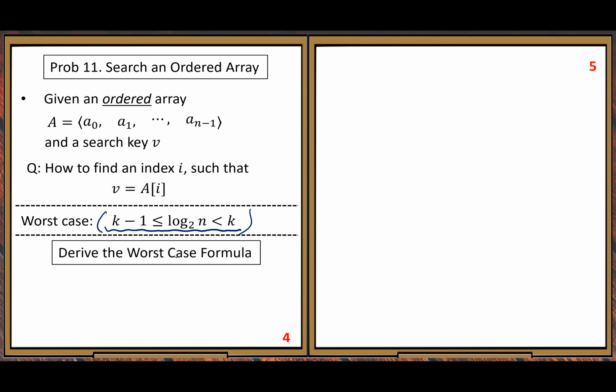All right, let us derive the worst case formula. We start with the equivalent expression. Here is another way to write the previous inequality. We can write it in this way, okay? Now, this time we put K in the center, and the K has a lower bound and upper bound.